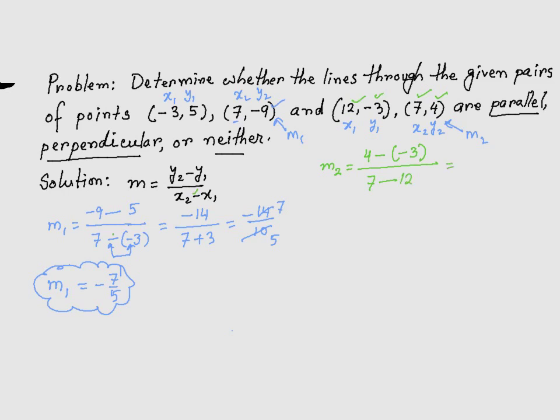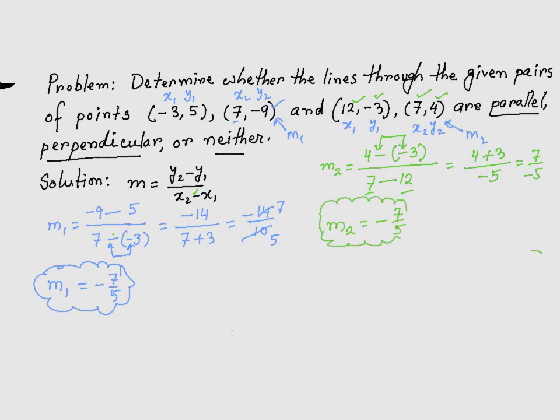Again, if we simplify it, we get on the numerator 4 plus 3, because negative and negative is going to make it positive. Then 7 minus 12 is -5, which tells me it is 7 over -5, or -7/5. So my m2 is equal to -7 over 5.